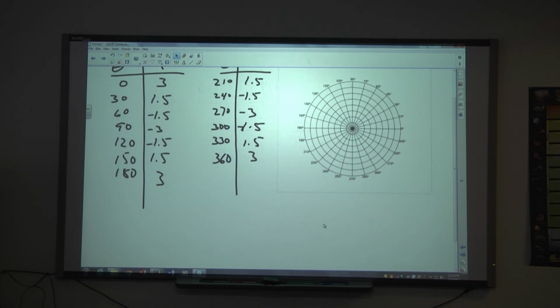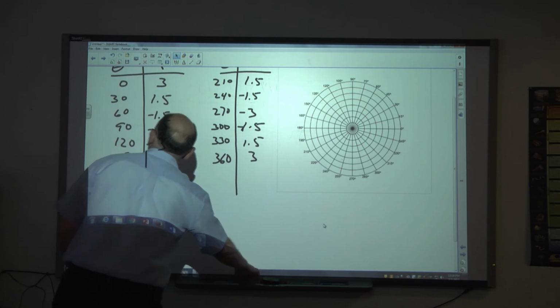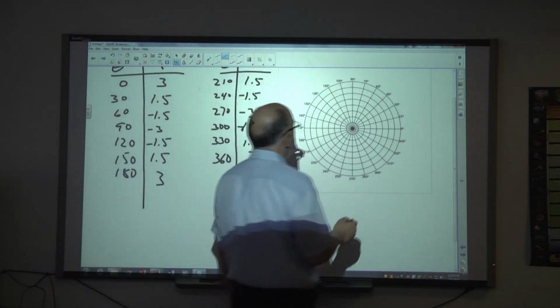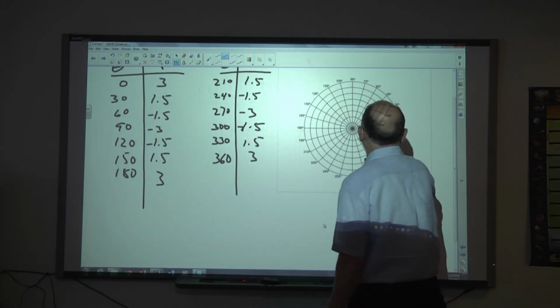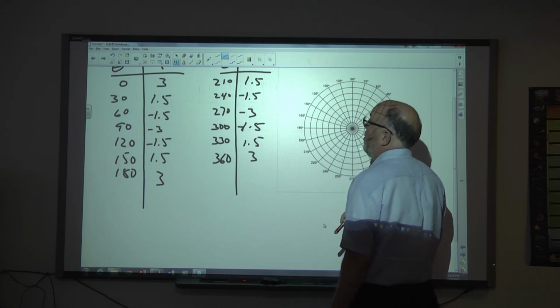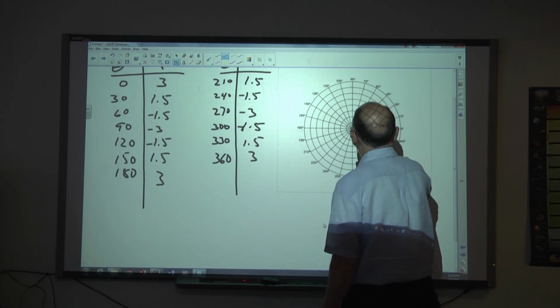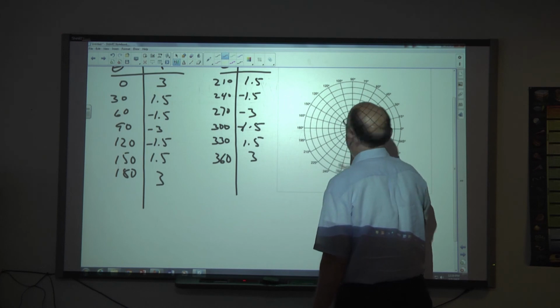So now we need the graph. We've got 0, 3. 1, 2, 3, that's going to put us here. We've got 30, 1.5, so that'll put us roughly here.